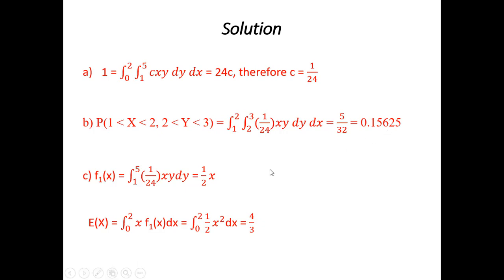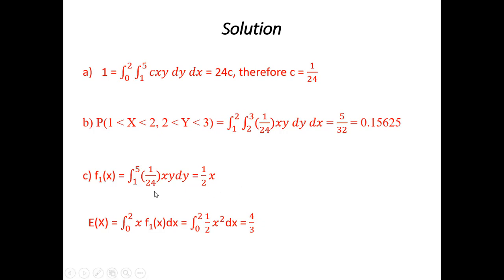In part C, we're interested in finding the expectation of x. So we'll first find the marginal PDF with respect to x. To do that, we integrate y out.